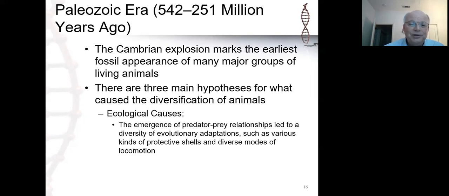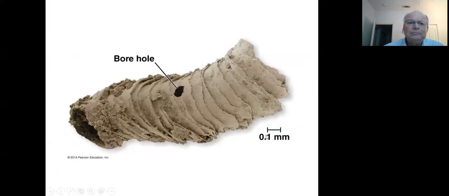And so as we see an increase in this predatory behavior and the development of a predator-prey relationship, we also see a loss of the soft and squishy body plan that characterized the animals of the Ediacaran. So this is a change in the relationship between organisms, the emergence of predators, and the requirement for the prey then to respond to that predatory behavior by protecting themselves, an ecological hypothesis.